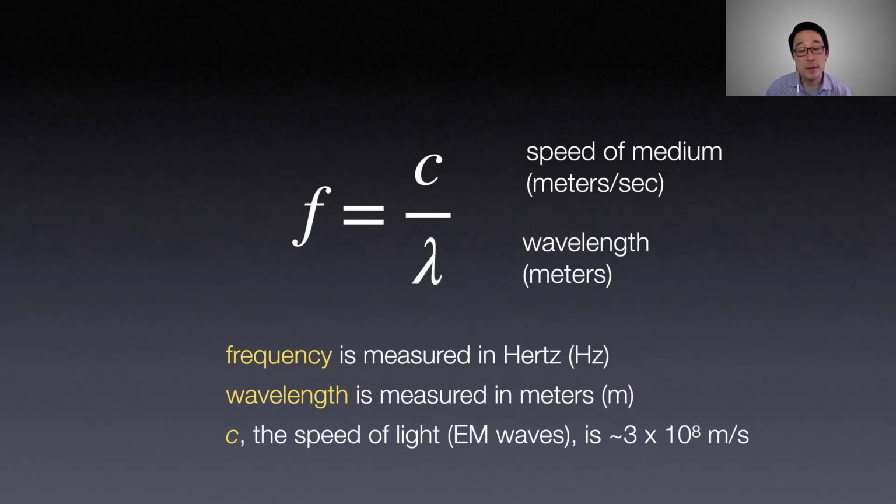But now the critical factor in imaging is c, the speed of light, or really the speed of electromagnetic waves, which is about 3 times 10 to the 8th meters per second. It's really, really fast, right? 186,000 miles per hour or so. So it's helpful to think about variations in light in terms of wavelength and frequency.